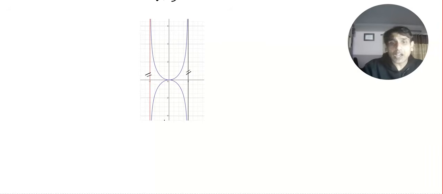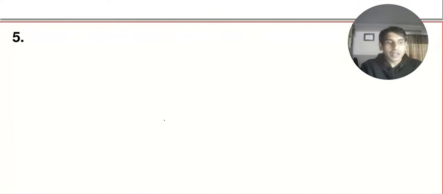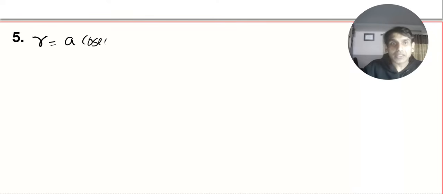Okay, let's go for the last question. Please write. Find all possible asymptotes of r is equal to a cosec θ plus b. Come on, tell me what's the first thing to do? Yeah, simplify, find 1 by r. So I'm going to write this as a into 1 by sin θ plus b.